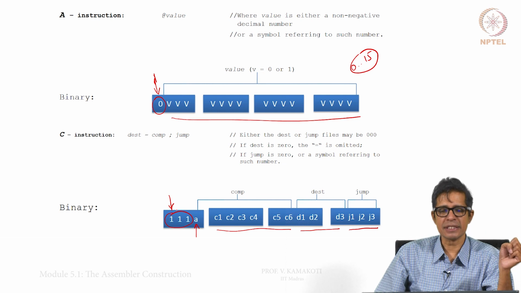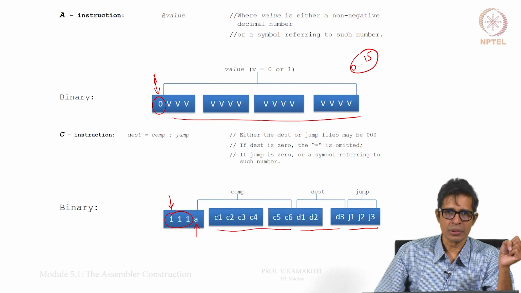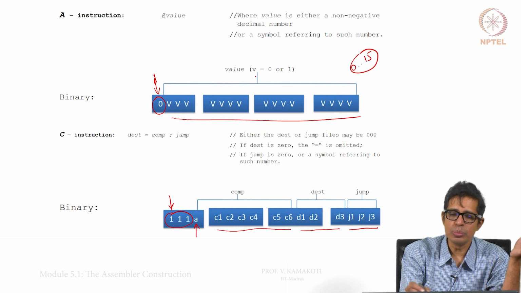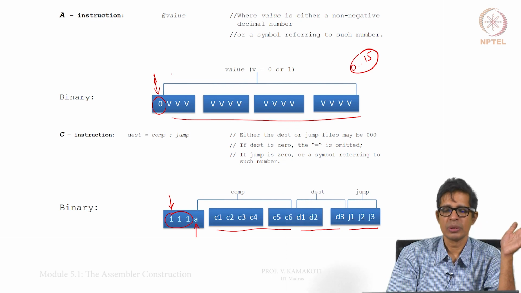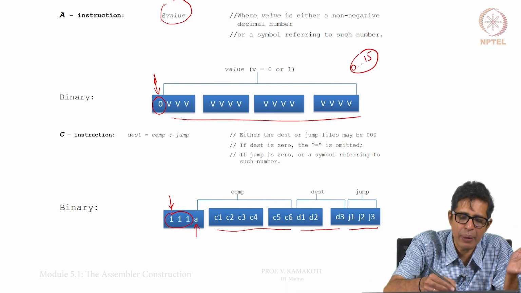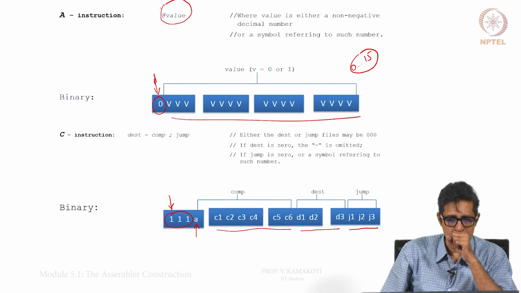What is the format of the A instruction? There will be a 15-bit value. From the mnemonic point of view, it is of the type @value.